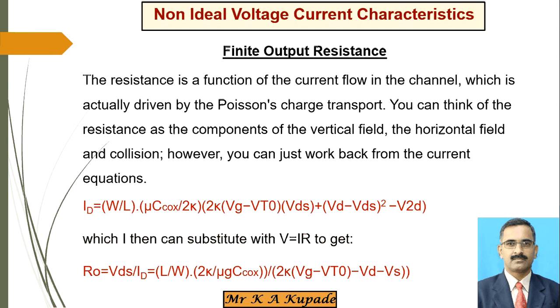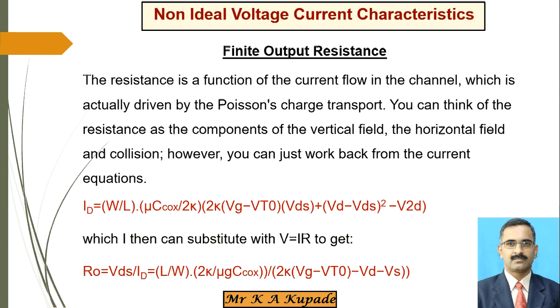Now, these components of the resistance are related to the vertical electric field, meaning the inversion layer, and the horizontal field, meaning the entire channel, and the electrons flowing in that channel. Apart from that, we have to work on the current equation.